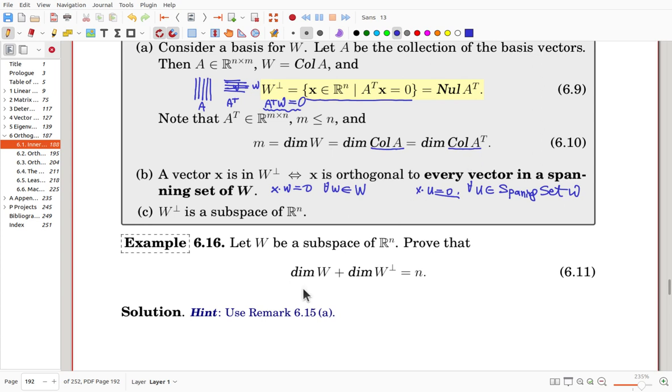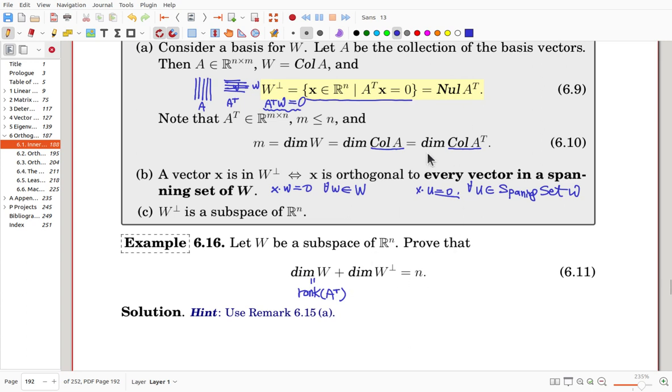Now, from here, the dimension of W is the same as the dimension of the column space of A transpose. This one is the same as the rank of A transpose, right? So the dimension of the column space of a matrix is the rank of the matrix. Now already W perp is the same as the null space of A transpose.